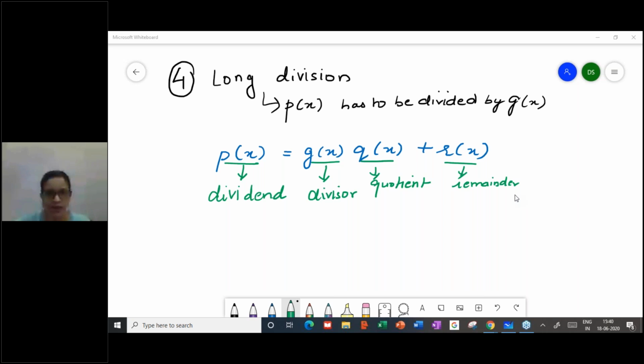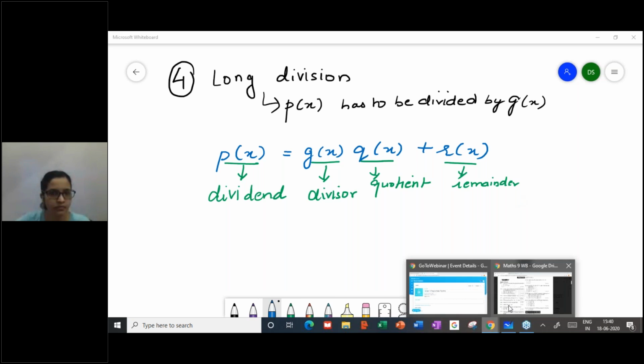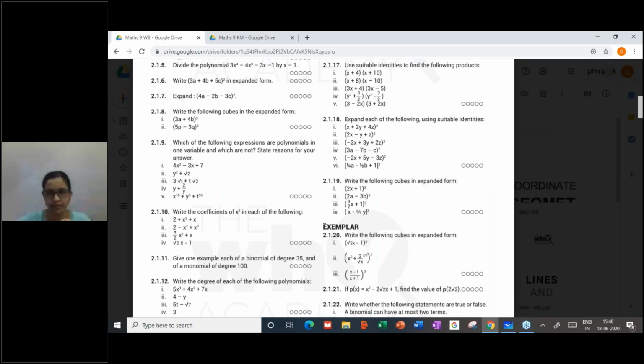Okay, I'm just going to pick some question up from here. Let's take up this question: by actual division, find the remainder when x power 4. Let me just minimize the screen and write it here.